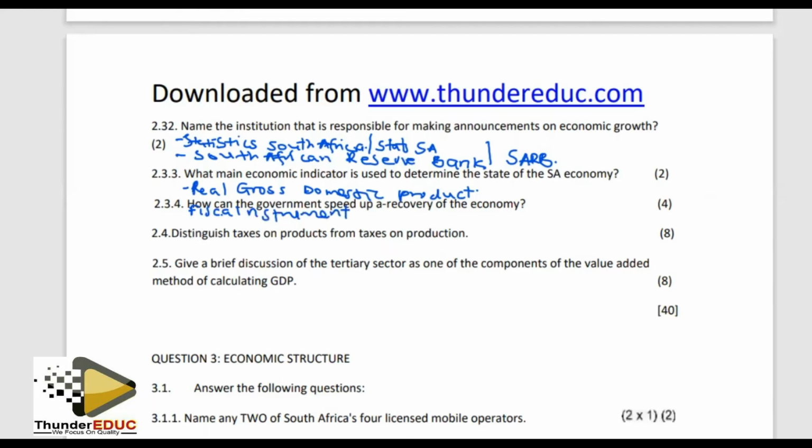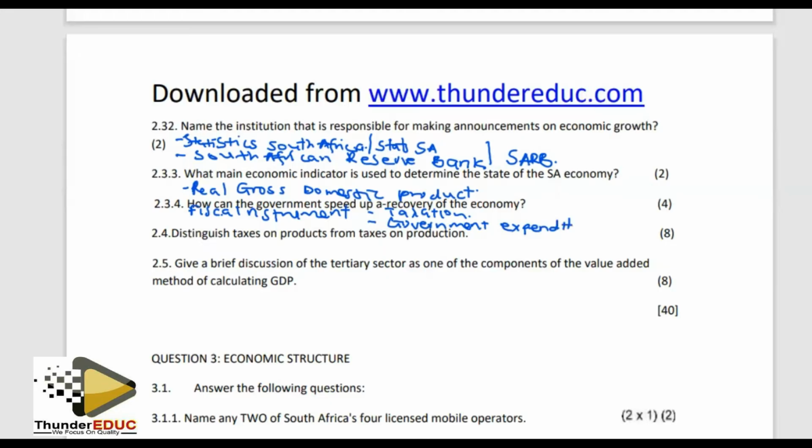One is by use of taxes, taxation, and two, by expenditure, government expenditure.